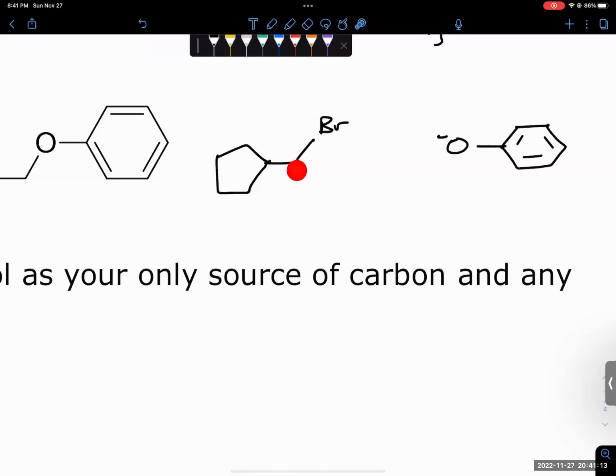Oh, wait, no. This is actually secondary. Yeah. I might be tripping. That's secondary. I'm sorry. No, this is embarrassing. I'm pretty sure this is primary. Why am I blanking right now? Yeah, there's two hydrogens here.